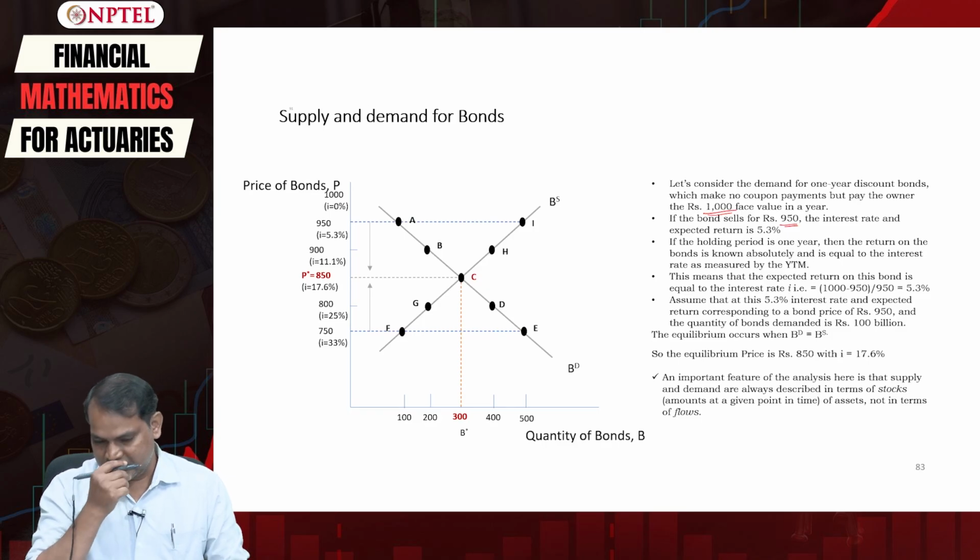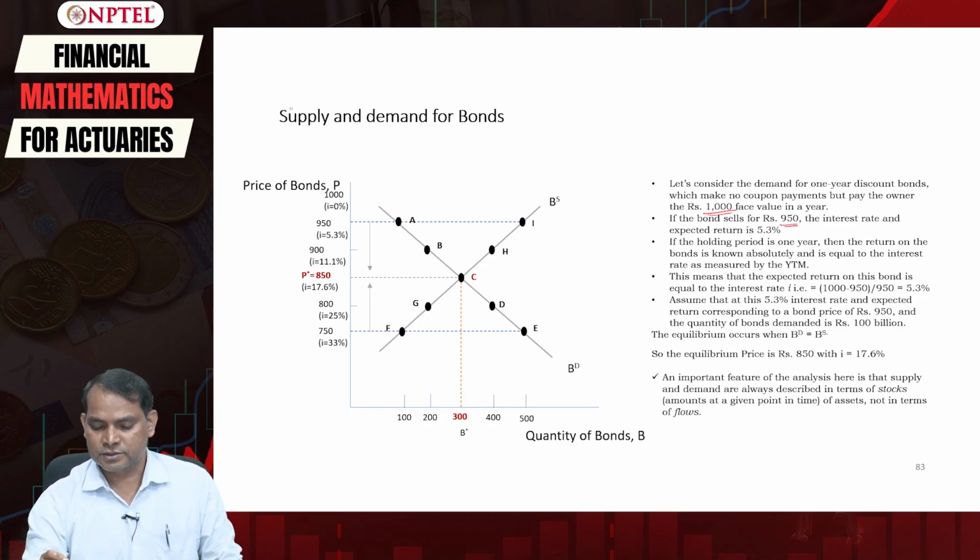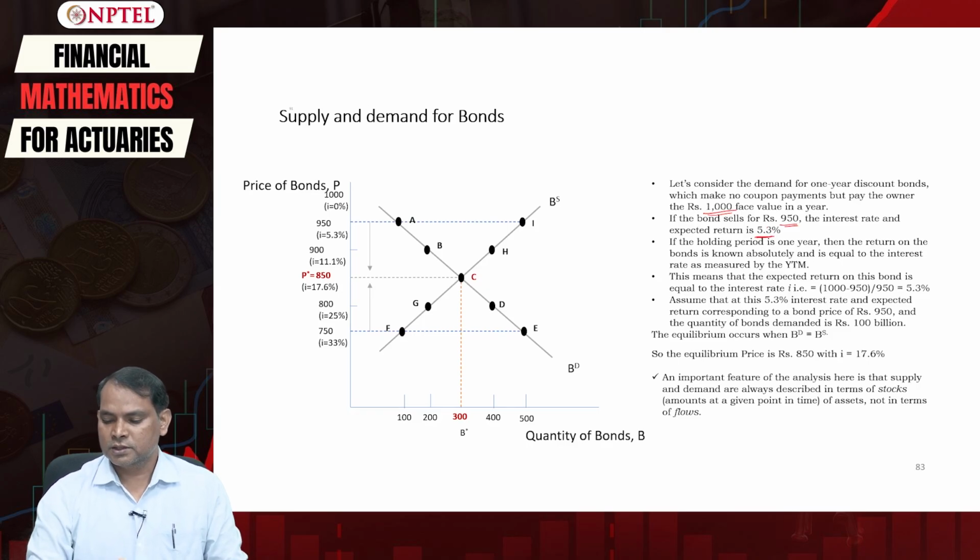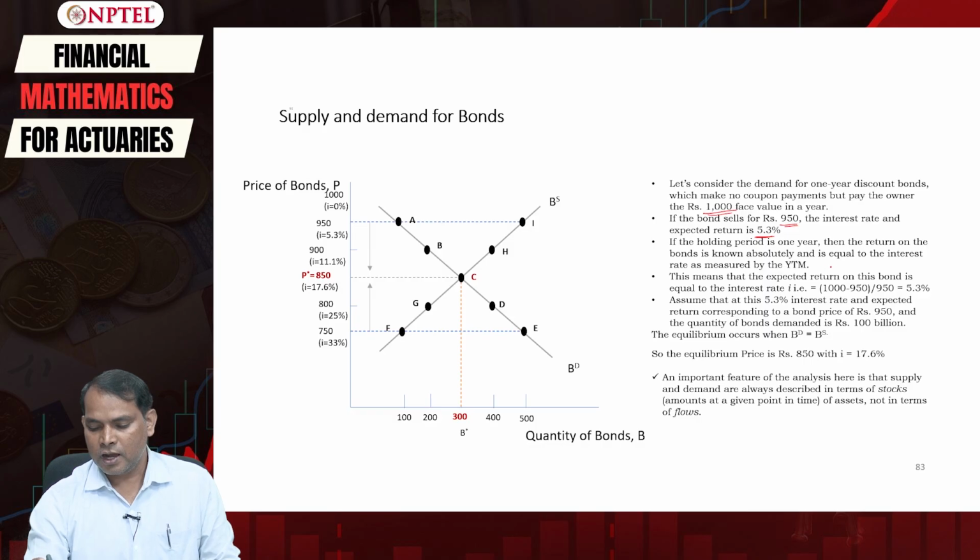That can be considered as the return or the interest rate here. So if the holding period is 1 year, then the return on the bond is known absolutely, and is equal to the interest rate as measured by the yield to maturity.